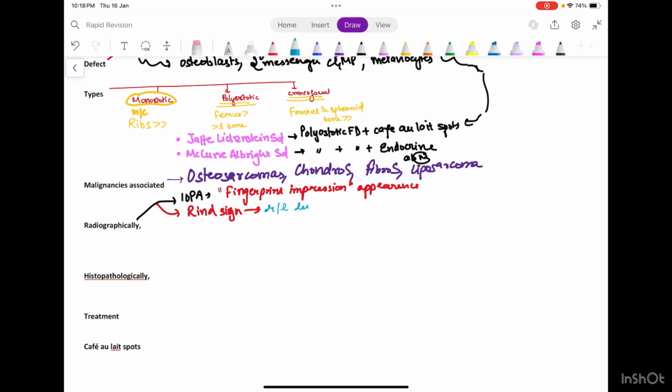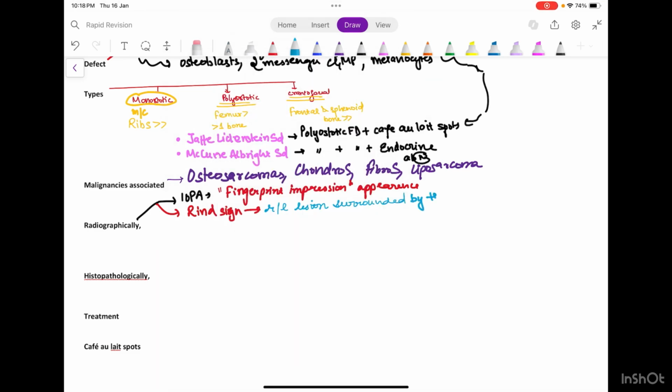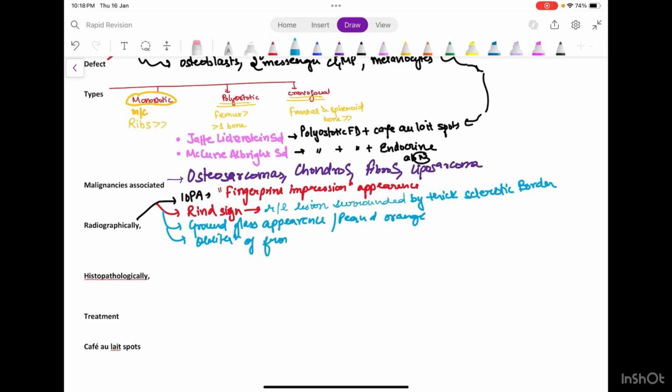Rind sign is basically a radiolucent lesion surrounded by thick sclerotic border. All right, then we have ground glass appearance or peau d'orange appearance, and there is obliteration of frontal and sphenoid sinus.